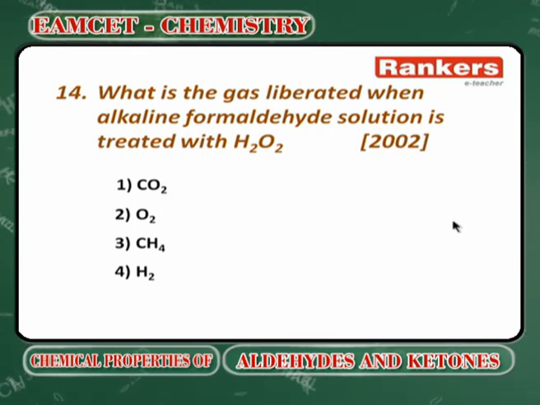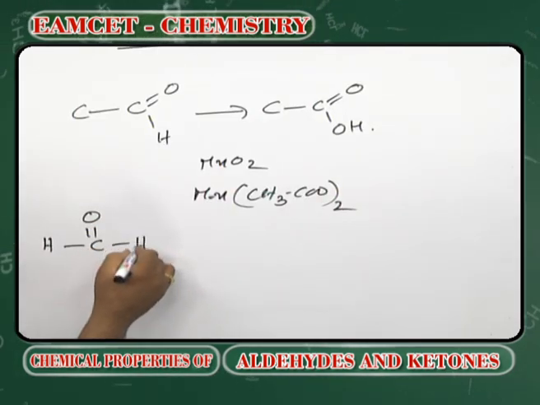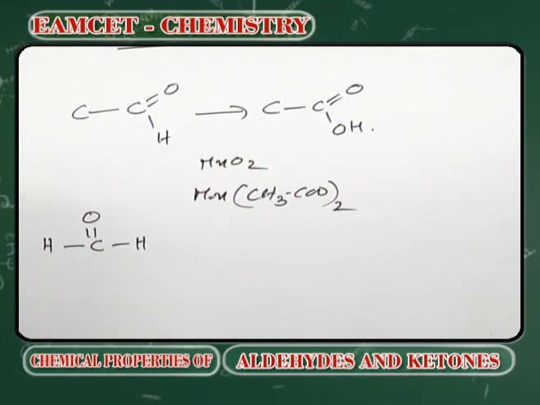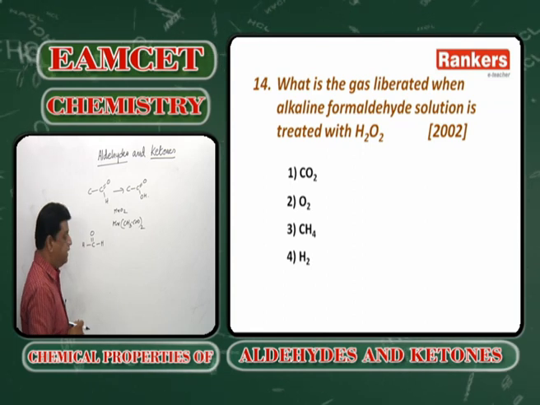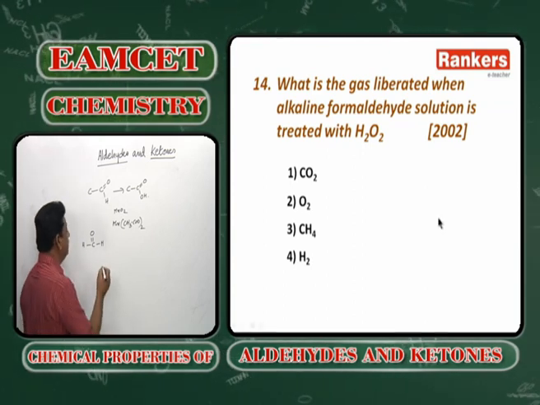What is the gas liberated when alkaline formaldehyde solution is treated with hydrogen peroxide? This is one of the properties of formaldehyde. Formaldehyde being a one carbon aldehyde, it has aldehyde functions on both sides. It has slight difference from the rest of the aldehydes.